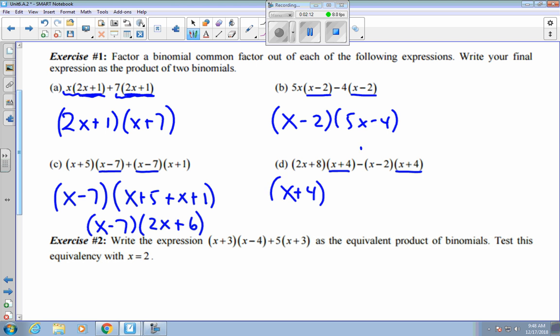Be very careful because this one is subtraction. And we have 2x plus 8 minus x minus 2, which would become 2x plus 8 minus x plus 2. So then we have x plus 4, and then x plus 10.